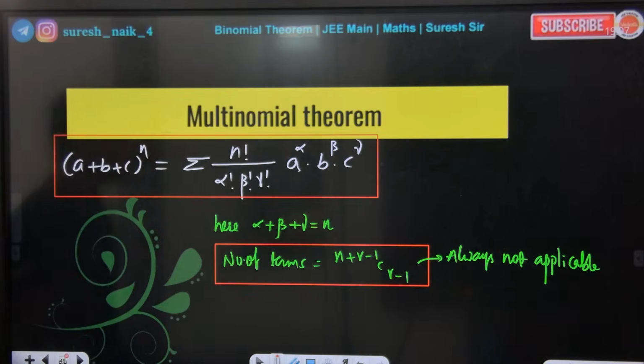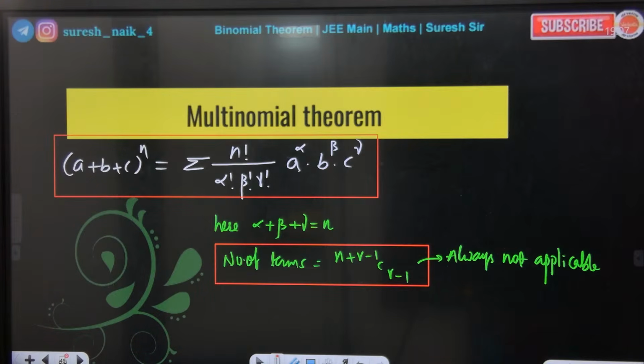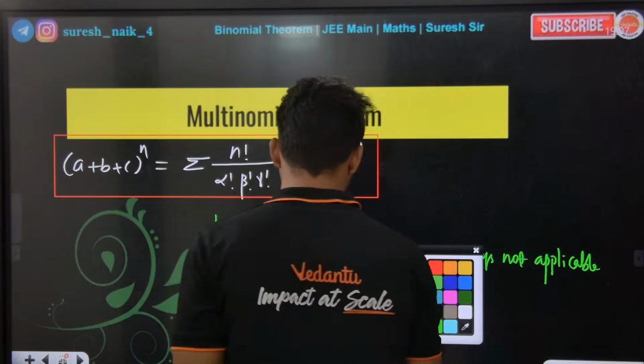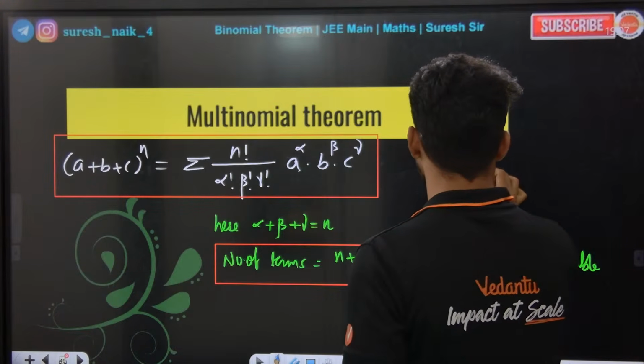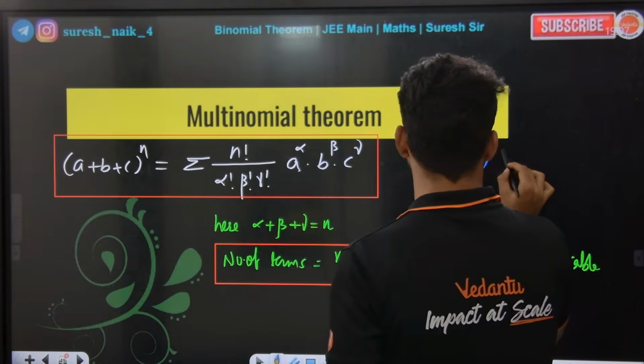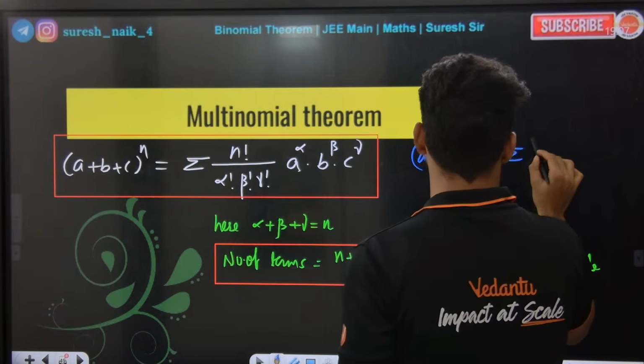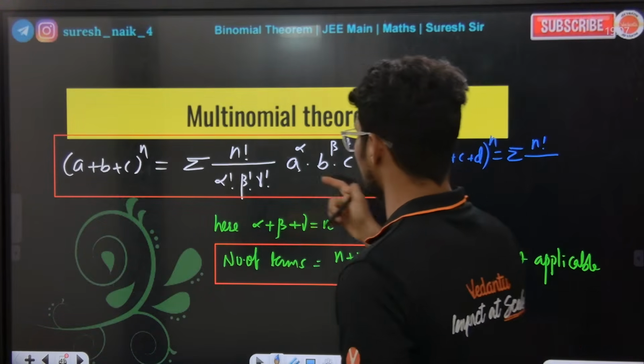Okay? Shall we look at one question? You will get an idea. Now, (a + b + c + d) to the power of n, also the same story. What is the general term for this? Sigma n factorial divided by, this is the general term basically.